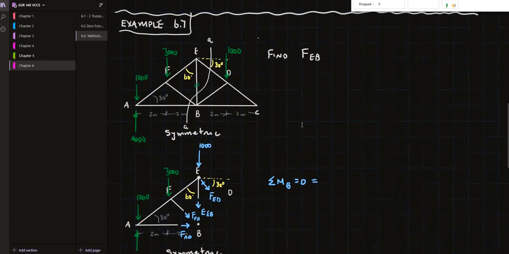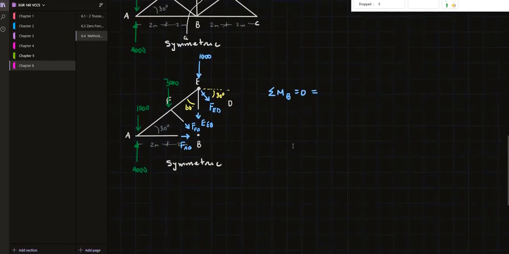No. There should be one in the original though, of 1,000 here. So I've got 3,000 times the moment arm of 2. And then I can sum these forces and get a resultant. So I've got 3,000 with a moment arm of 4 here.